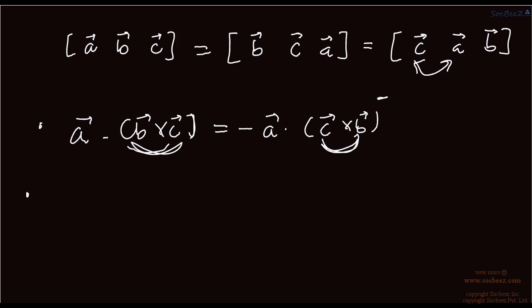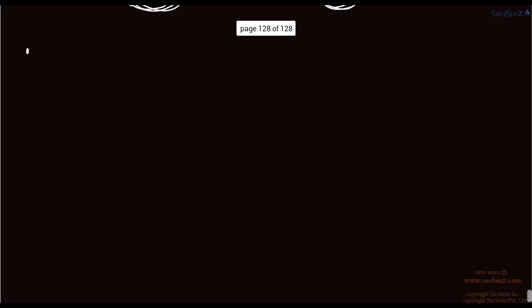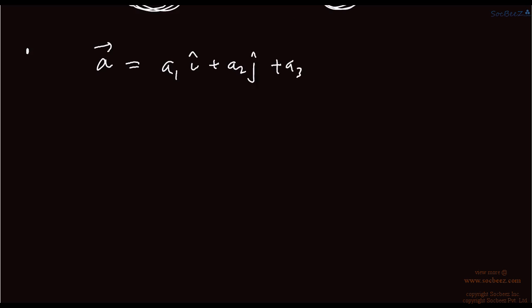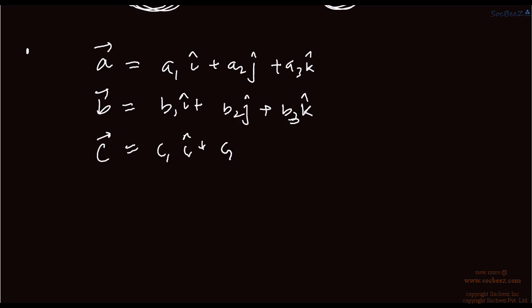Fine. Now if you have vectors, let's say A vector as A1 I cap plus A2 J cap plus A3 K cap, and B vector as B1 I cap plus B2 J cap plus B3 K cap, and also C vector C1 I cap plus C2 J cap plus C3 K cap.